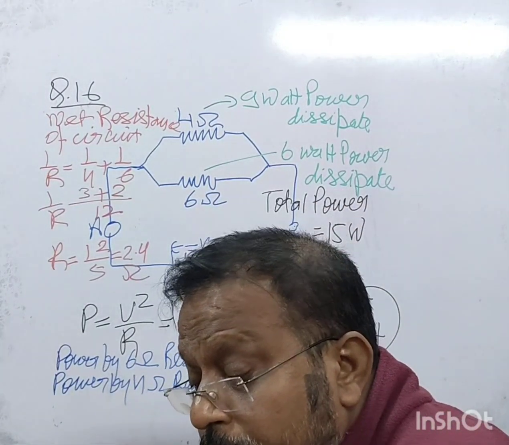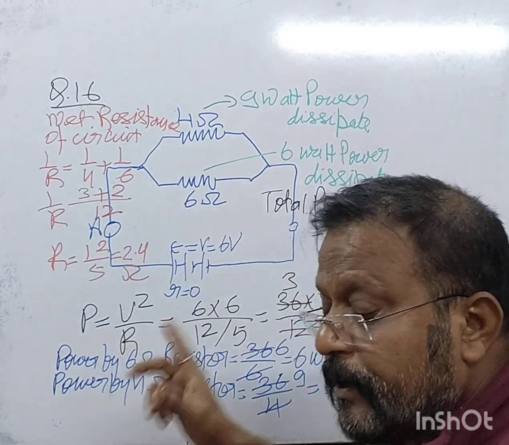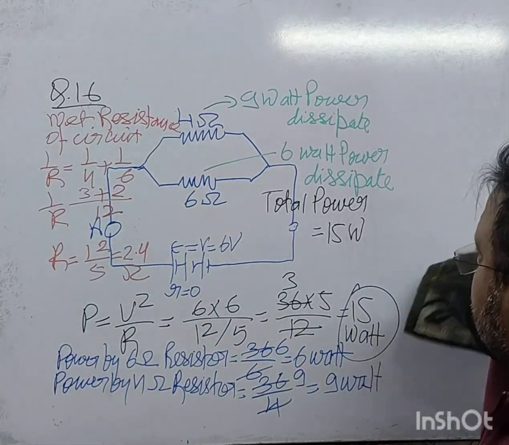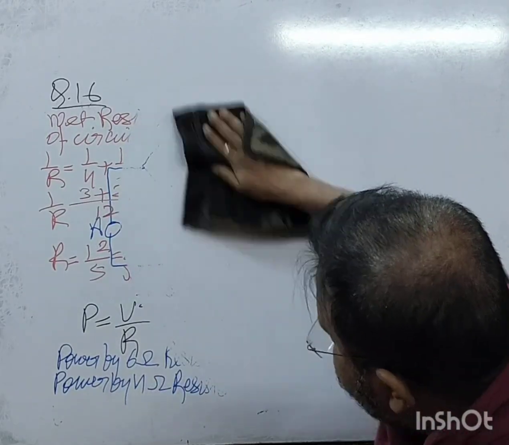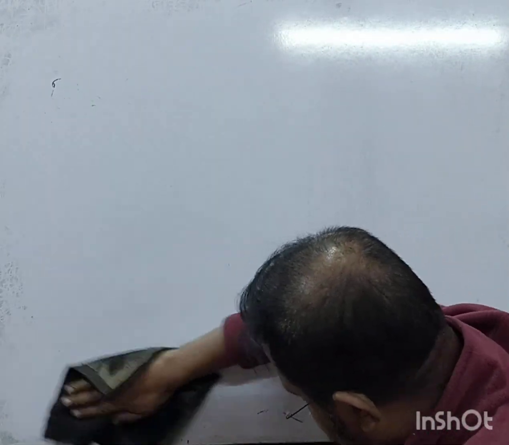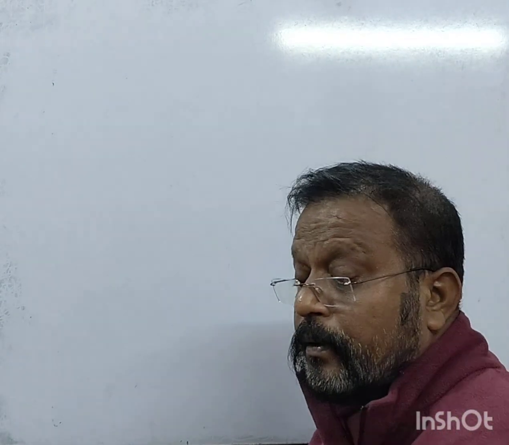Fine. Now we have 17. Should I rub this? What is that?